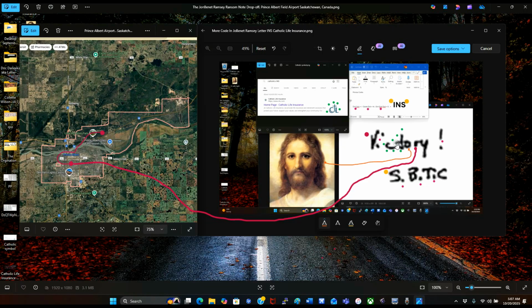So that V is separate, the Catholic symbol and Jesus are separate. That little thing looking through there, he's saying, I will see you, Prince Albert County. And the church is like right in here.